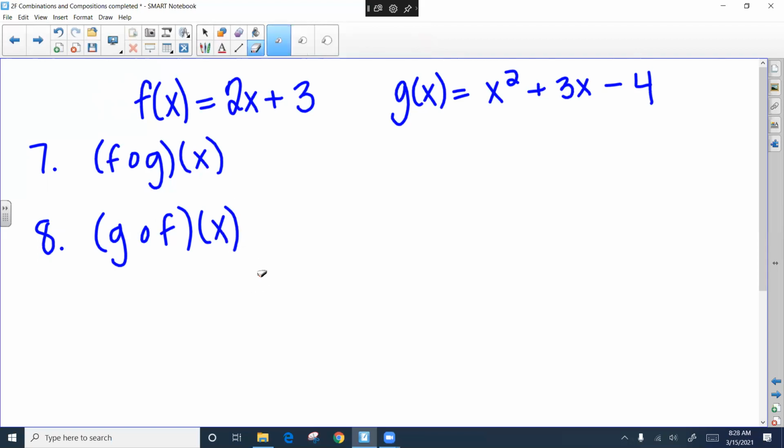That one, it's not hard algebra, algebra you already know how to do, but because we're going to have something squared right here, you're going to have to use either box method or distributive property to do the exponents. Okay, so go ahead and take a minute and try 7 and 8. And of course, please let me know if you need help, or if you want help setting it up.